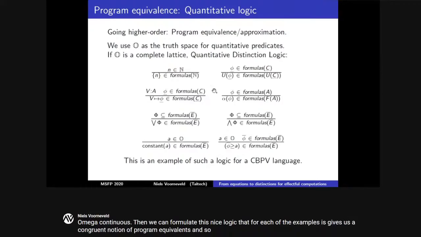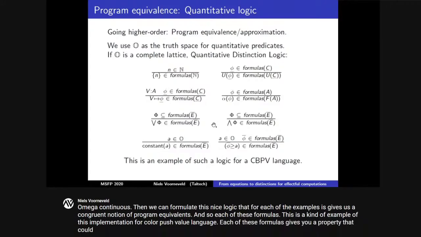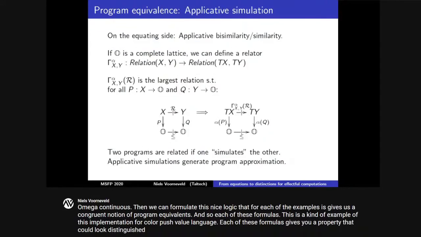And this is an example of this implementation for the Call-by-Push-Value language. Each of these formulas gives you a property that could distinguish terms. On the other hand, we could also formulate applicative bisimilarity and similarity.